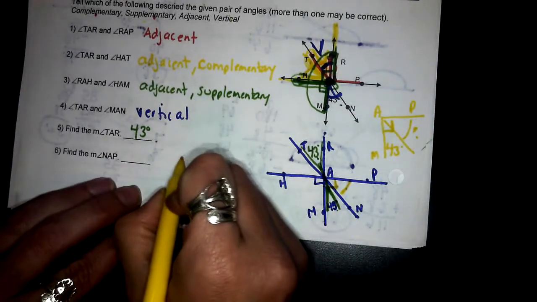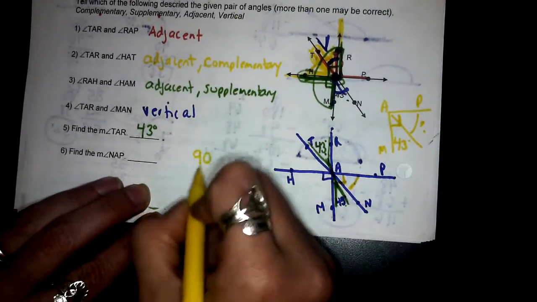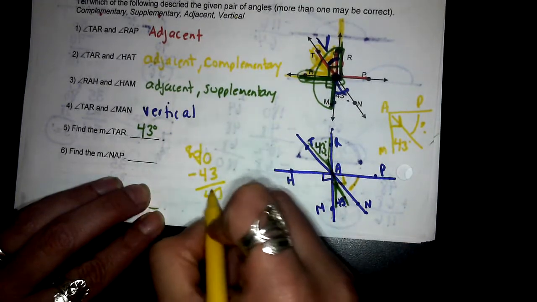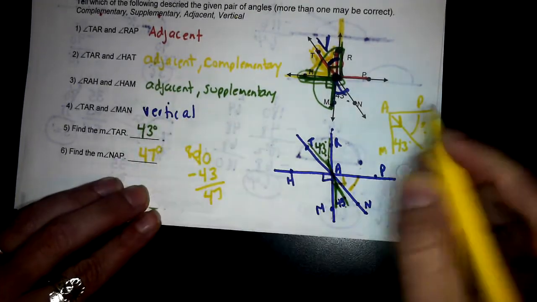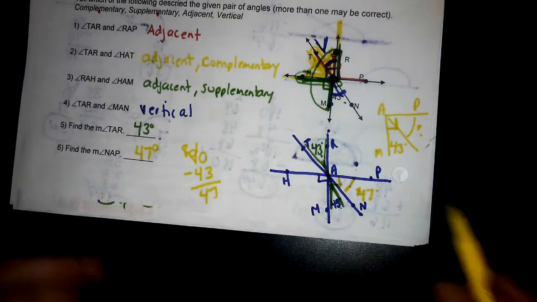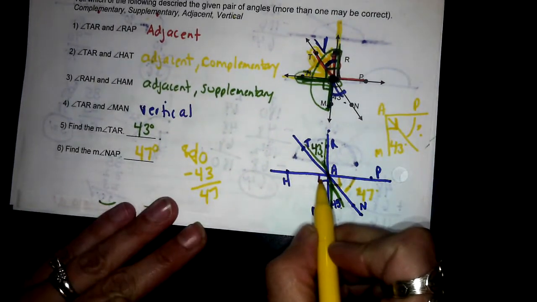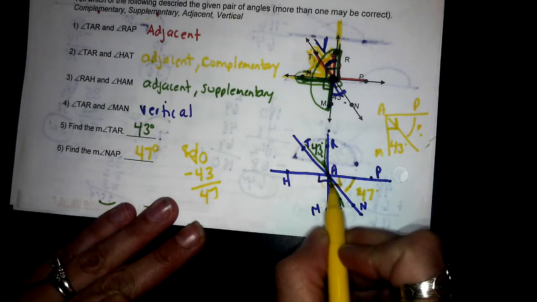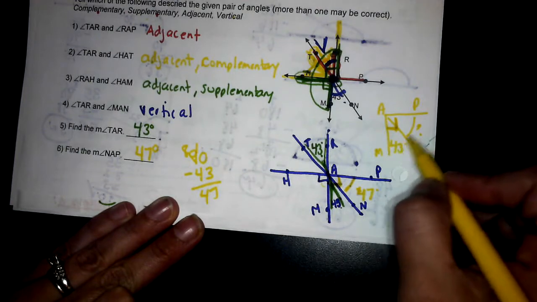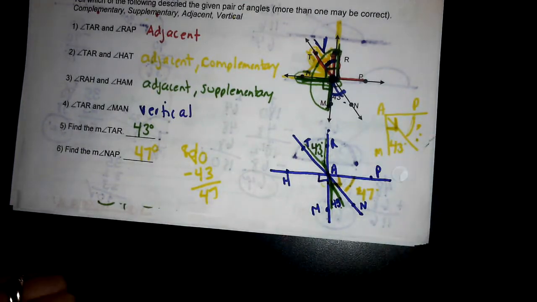So that's just complementary angles, right? Two angles that add to 90. So I just do 90 minus 43, and I'm going to get 47 degrees. So this angle right here is going to be 47 degrees. Okay, I knew that because this is 90. So this is perpendicular. So if this is 90, this whole thing has to be 90. Right, so if this piece is 43, then 90 minus 43 gave me the missing piece. So 47. All right, flip over your paper.